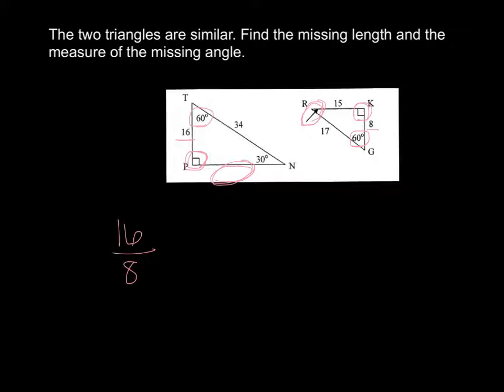Now I need to figure out, this will be my x, my missing side. So my relation here is the larger triangle on top, and the bottom ones would be the smaller triangle. Now I need to figure out, am I going to use the 17 or the 15? Well, I know it's going to be the one that comes right after. Let's see here, I go 60, 16, right angle, blank, 60, 8, right angle, 15.